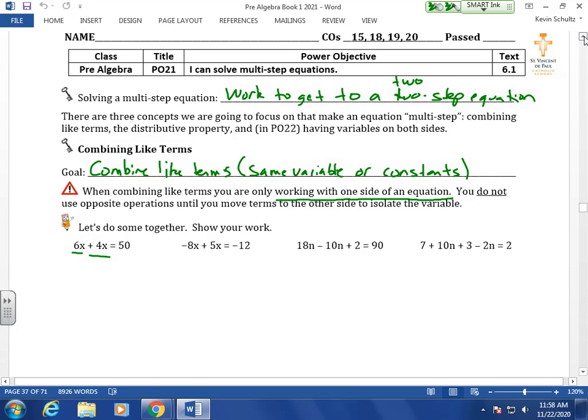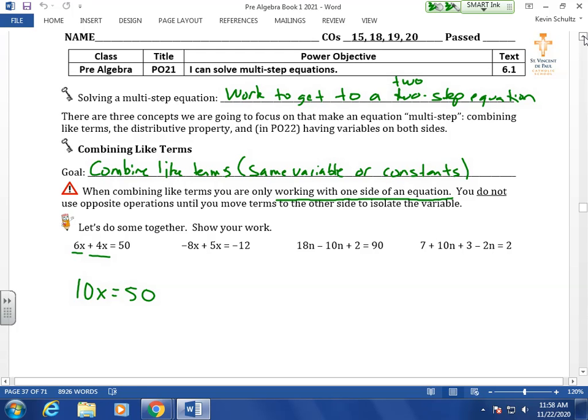Rather than saying you've got 6 x's and you add 4 more x's, isn't that just the same as having 10 x's? The right side of the equation didn't change at all. That 50, nothing happened to it. Okay? I'm not moving terms from one side to the other yet, so I'm not going to be using opposite operations. I'm just combining my x terms.